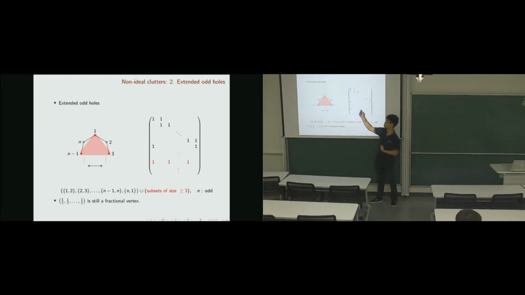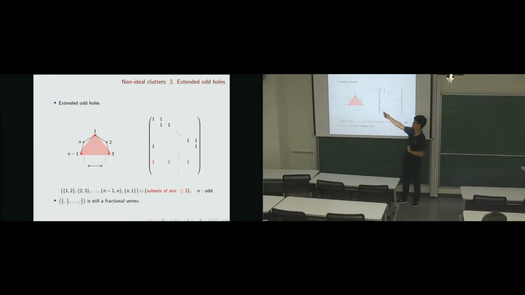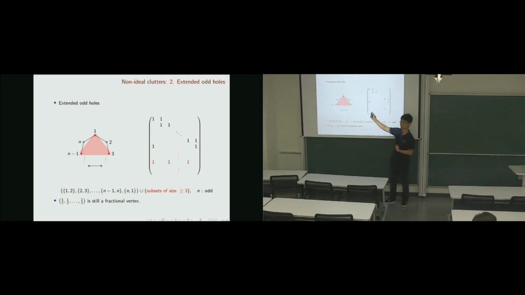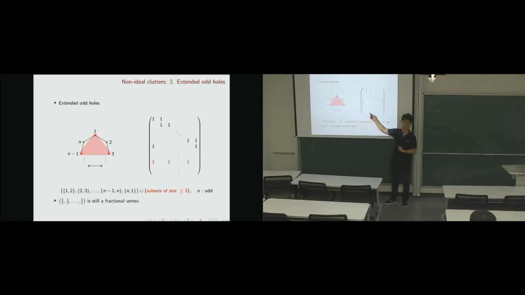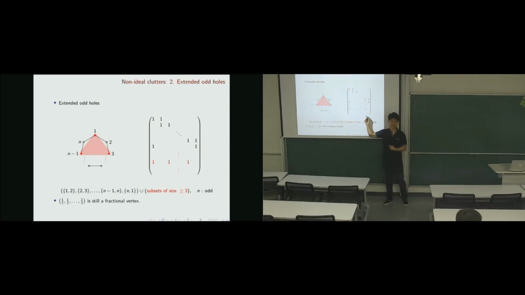Because the inequality that I've added has 3 non-zeros, so this point is still valid. This inequality is still valid for this point. It still survives after adding this system. Okay, so extended odd holes generalize odd holes, and they are also non-ideal.